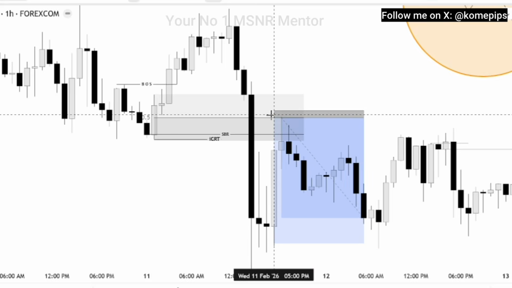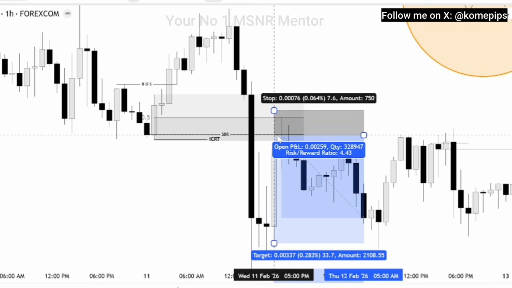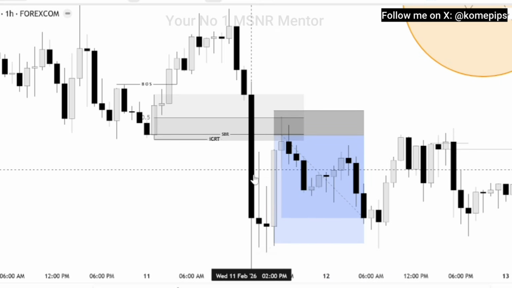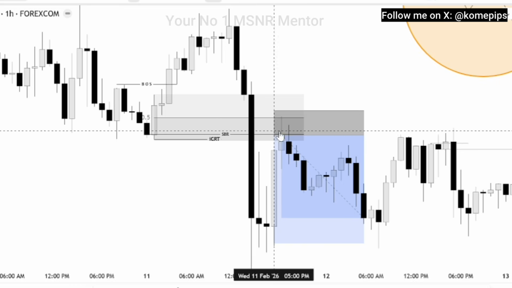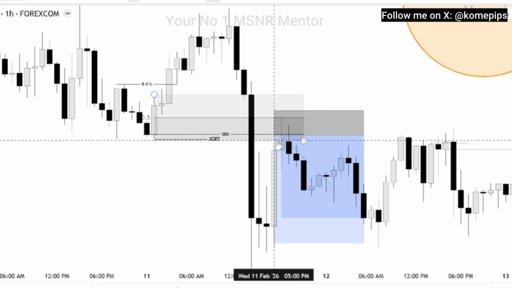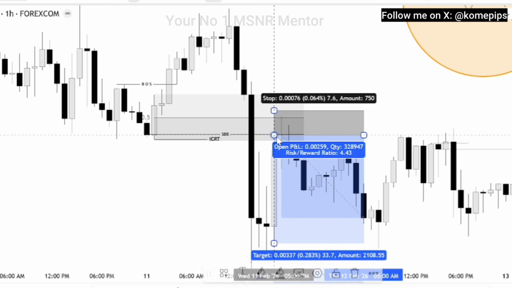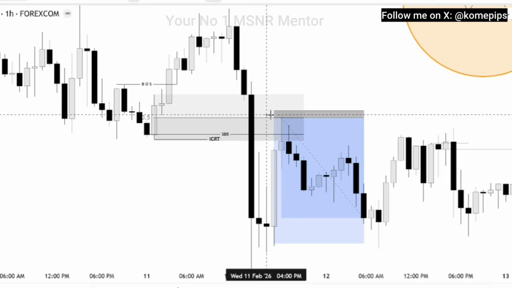So you can use the same stop loss. Imagine that you've already understood this concept, the trading protocol, and you see the tap right there. You understand that your entry was here, and based on this understanding of the trading protocol, you put your entry there. Your stop loss has to be that same level.